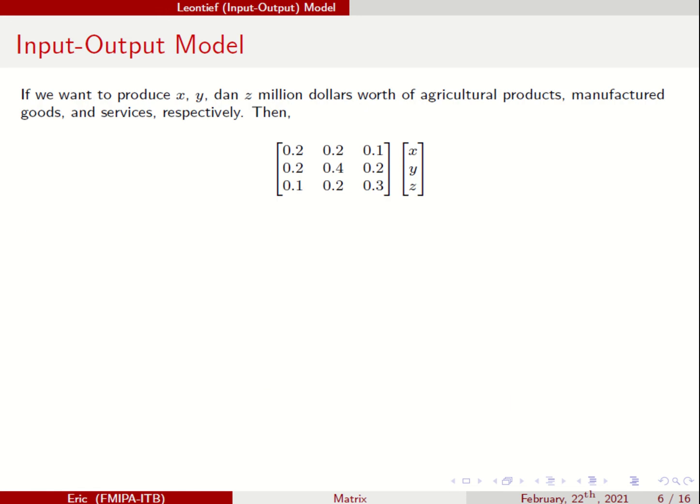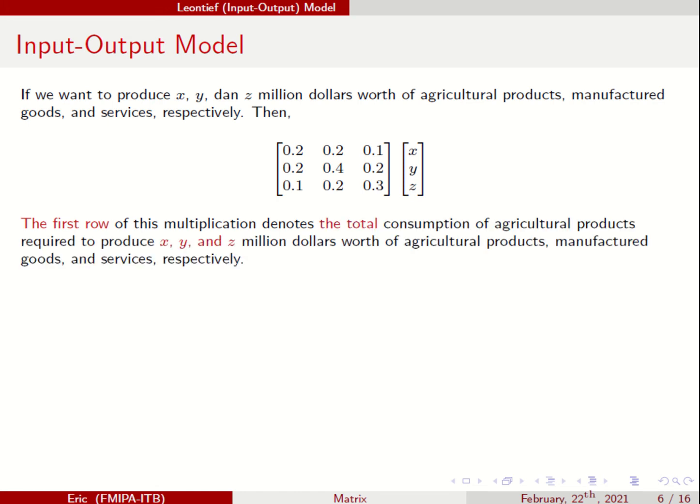If we want to produce x units of A, y units of M, and z units of S, then the first row of the multiplication, 0.2x plus 0.2y plus 0.1z, denotes the total consumption of agricultural product if you want to produce x, y, z million dollars worth of agricultural product, manufactured goods, and services.